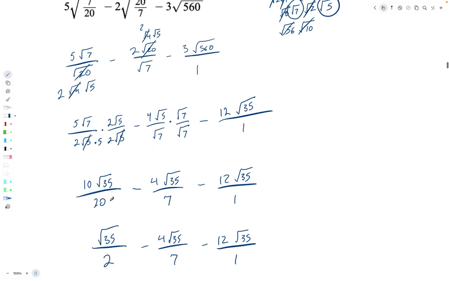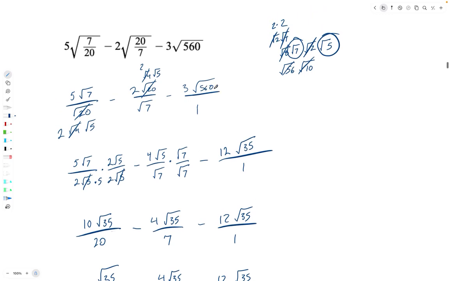So we do that, we get 10 times square root of 35 over 20. We're going to multiply by square root of 7 to get rid of the square root in the denominator. So we end up with 4 times square root of 35 over 7. And then when we reduce 560, we get 4 times 35. It's actually 8 times 35 is 560.